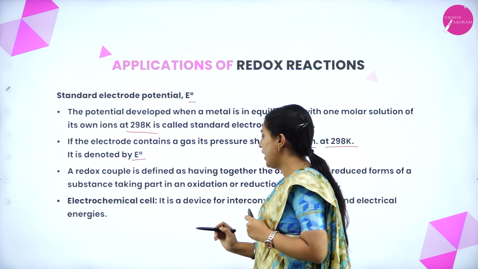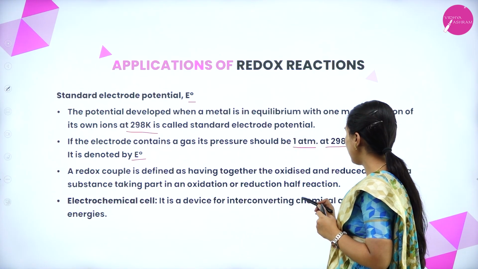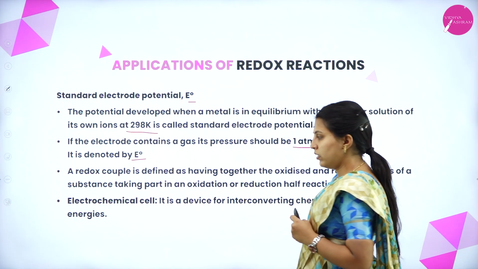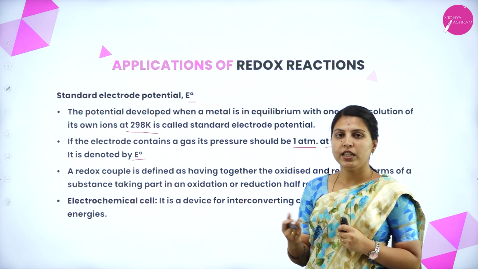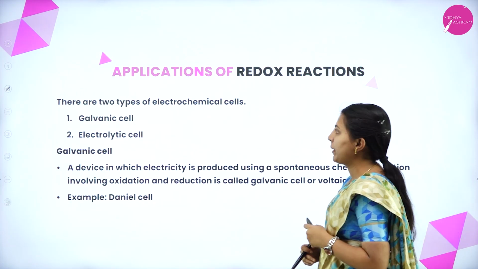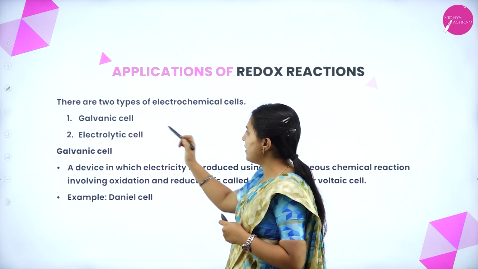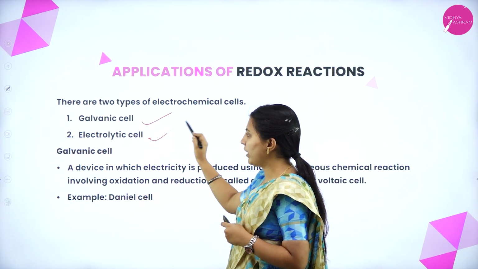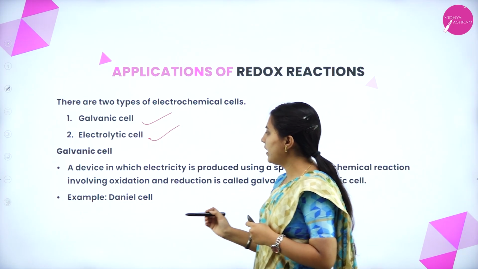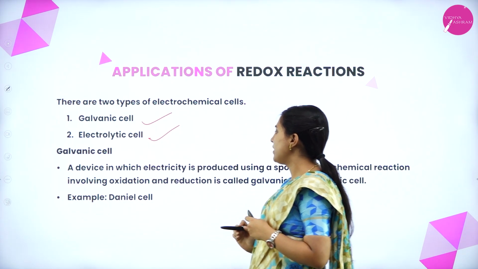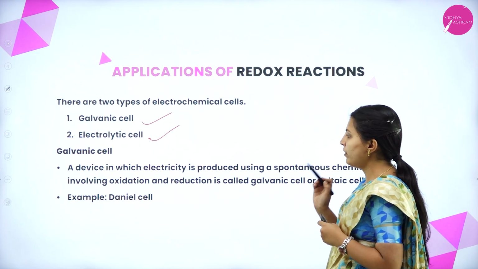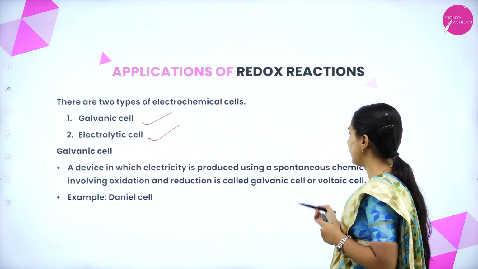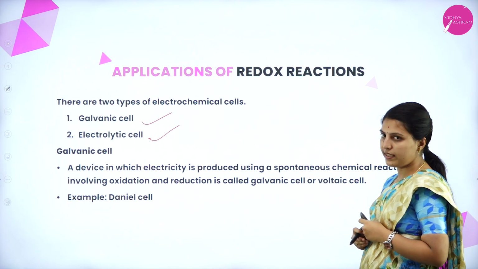Electrochemical cell: it is a device for interconverting chemical and electrical energies. In electrochemical cells, two different energies are interconverted. There are two types of electrochemical cells, galvanic cell and electrolytic cell. A galvanic cell is a device in which electricity is produced using a spontaneous chemical reaction involving oxidation and reduction, and it is called a galvanic cell or voltaic cell.